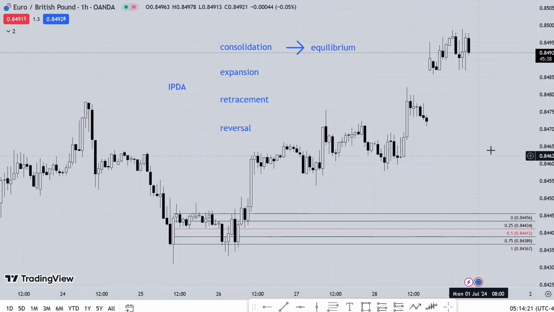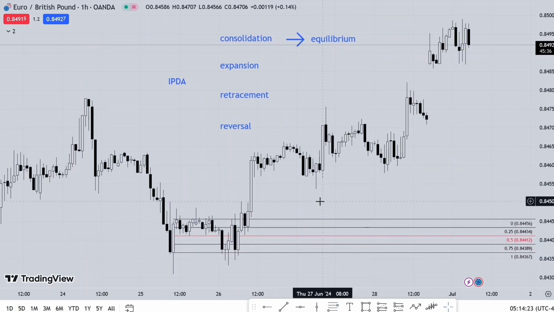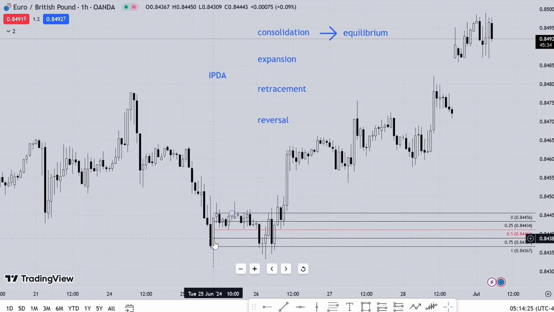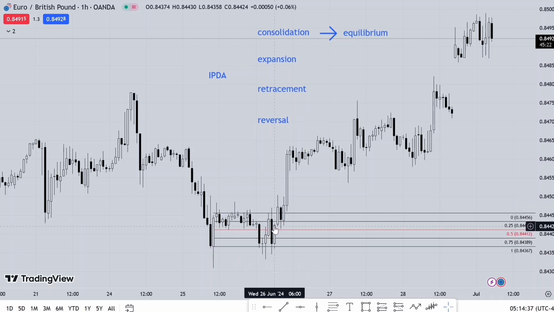For example, let's make use of the bodies for this. As you can see, price was trading inside of this consolidation. We are using these bodies to illustrate. When price was trading inside of this consolidation, we had this here, price indicating its willingness to go higher.